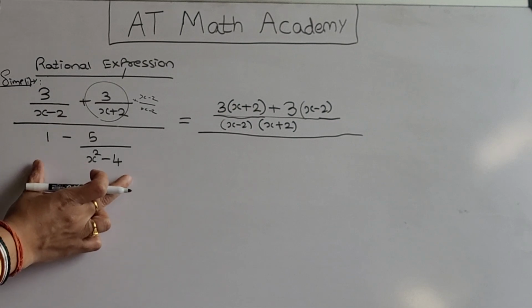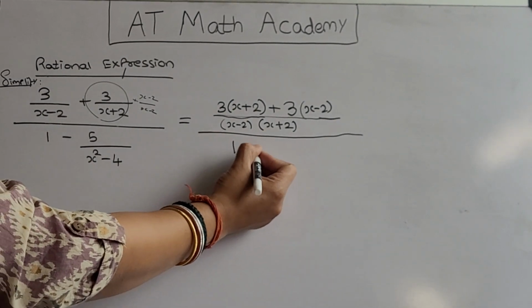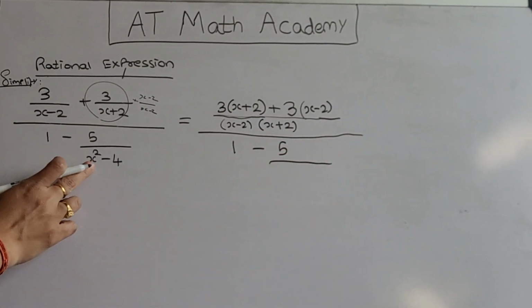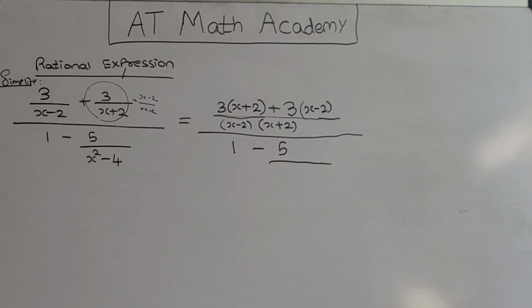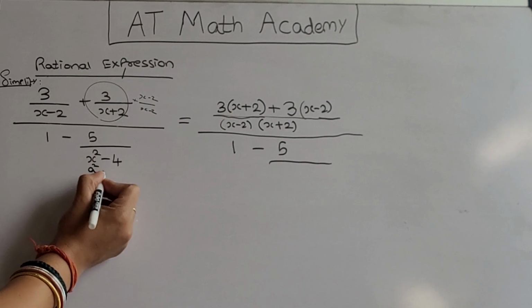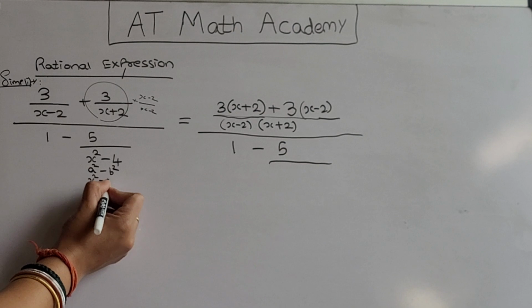Now moving forward to the denominator, I have here 1 minus 5 by x square minus 4, which is of the form a square minus b square. I can take it as x square minus 2 square.